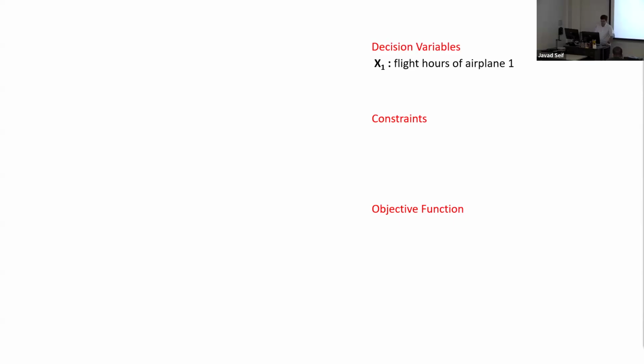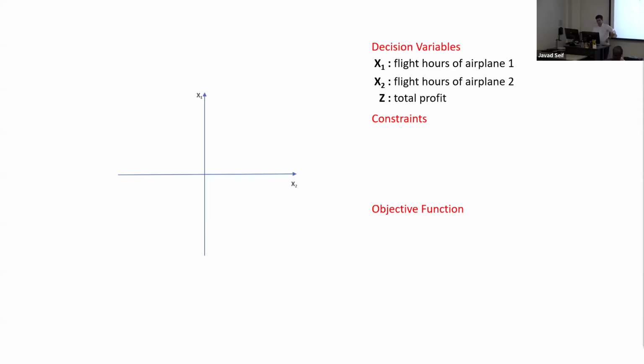Our decision variables are, let's say x1 is flight hours of airplane 1, x2 is flight hours of airplane 2. Our cost constraints, and z, another variable, is total profit. So these are the things that, because they're variable, they create multiple options, and because of that, it becomes an optimization problem.